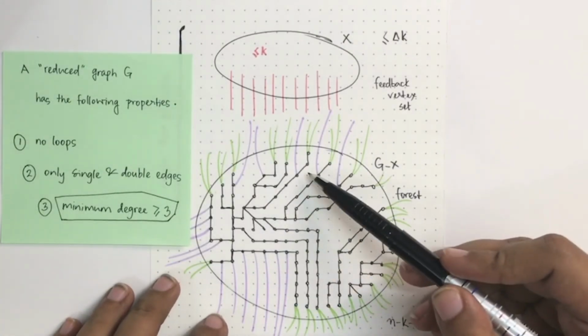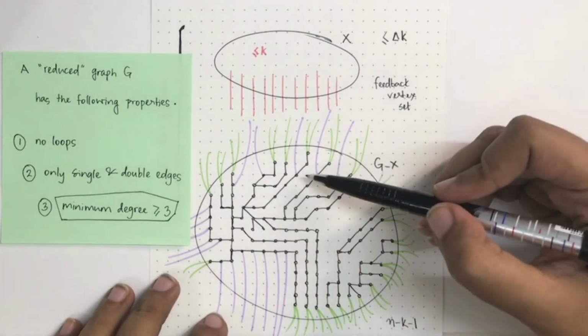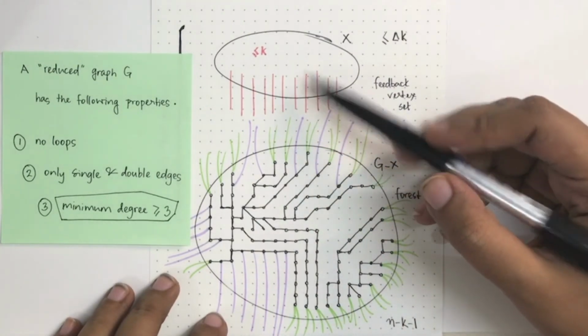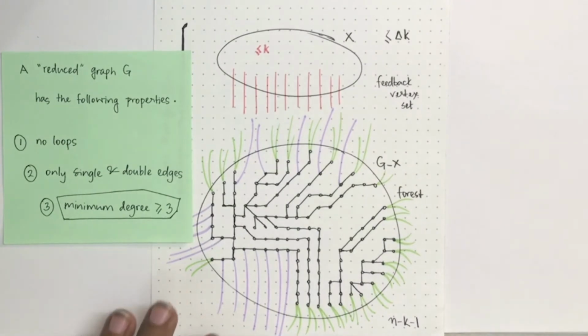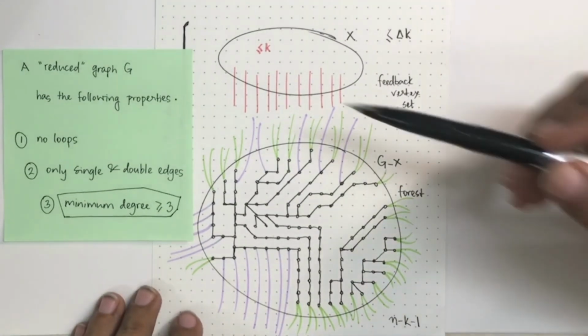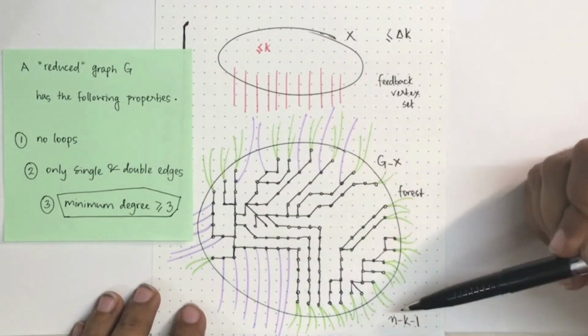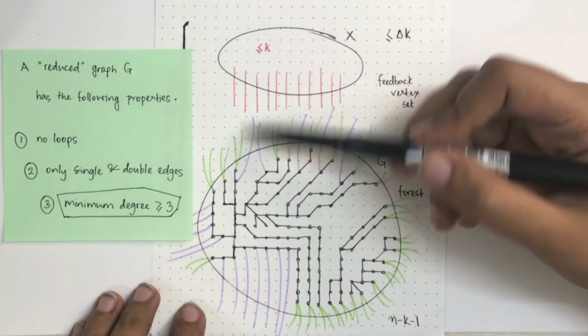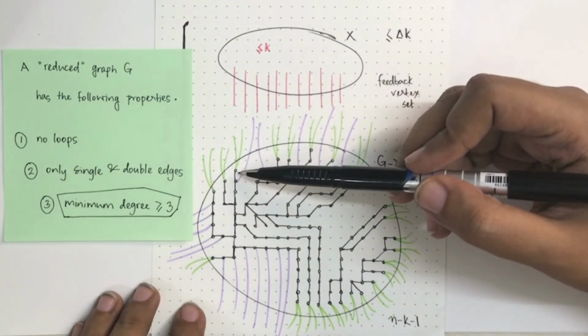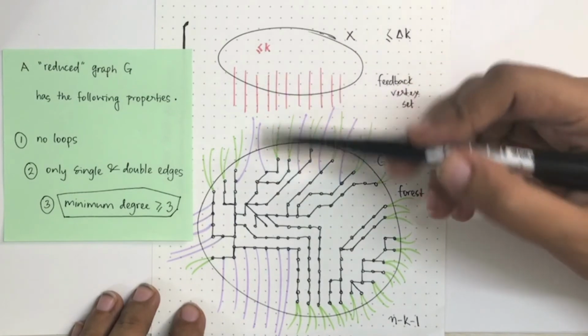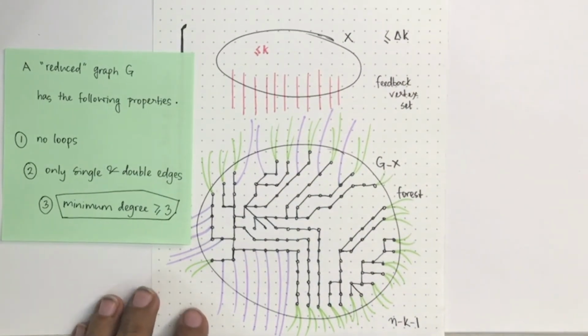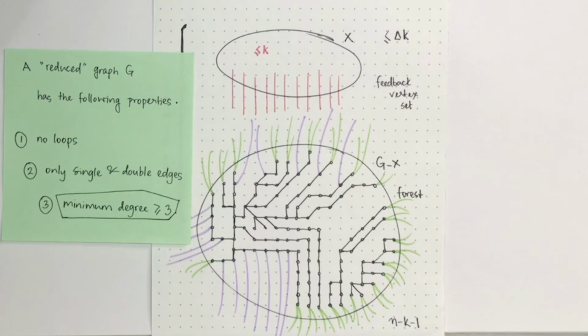Similarly, if you have degree 2 vertices in the forest, then they must have at least one other neighbor, which must again belong to the FVS. What this means is that the more high degree vertices in the forest, the more edges that we have that have one of their endpoints in the forest and the other in the FVS. So in some sense, the forest is throwing a lot of edges at the FVS.